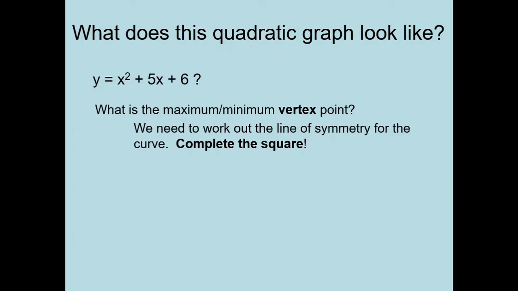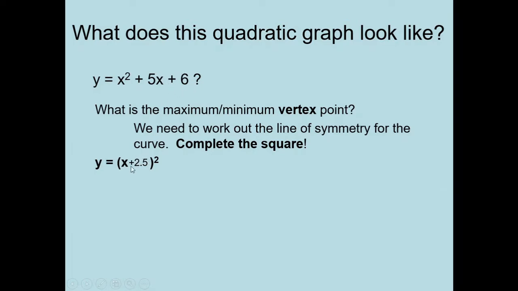First, we'll complete the square to work out the symmetry of this curve. y equals, and then in the brackets, we put an x as the first term, and we're squaring this bracket. When we square the bracket, we're going to get the x squared. How am I going to get the 5x? Put half of 5 in here, so plus 2.5. And then remember, outside of the bracket, we've got the 6.